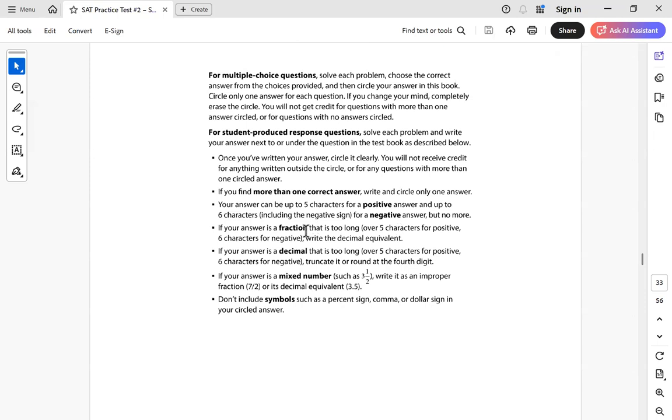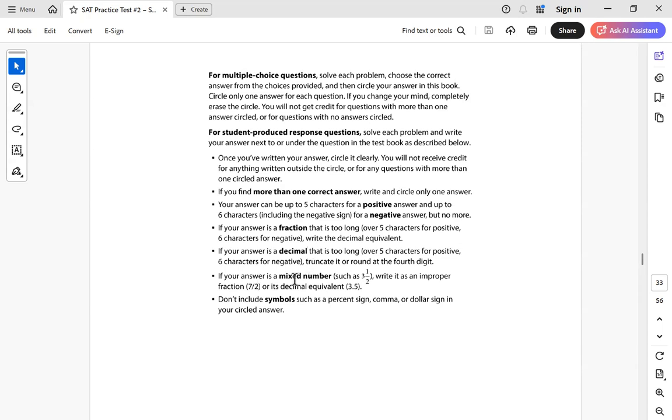So we could have just written the fraction. Now, if our answer as a decimal is too long, over 5 characters, then we'd truncate it and round it to the 4th digit. Our decimal is not more than 5 characters, so we don't need to truncate. So if you want to write it as a fraction, that's fine. If you want to write it as a decimal, that's fine. Either way would be a correct answer, the 25 over 4 or the 6.25.